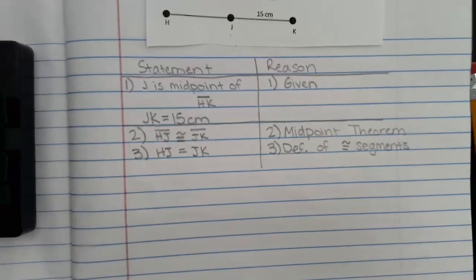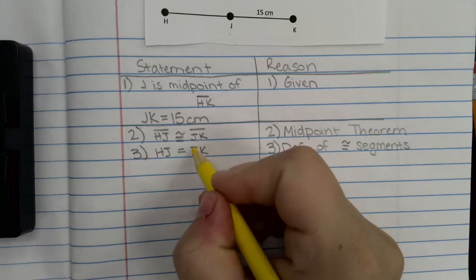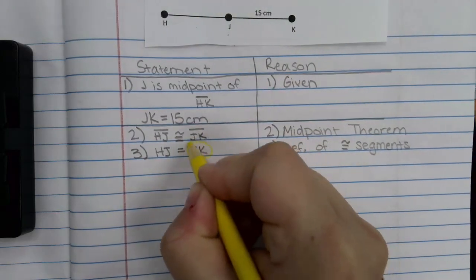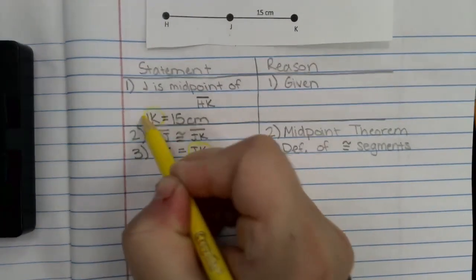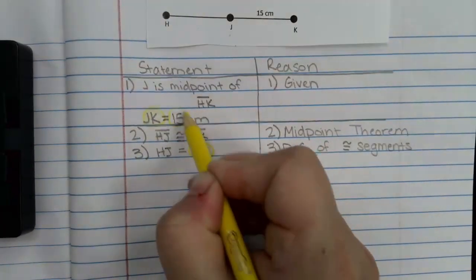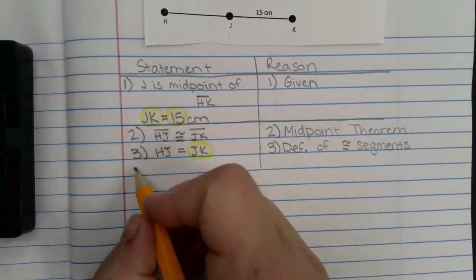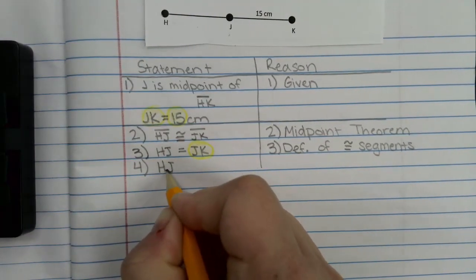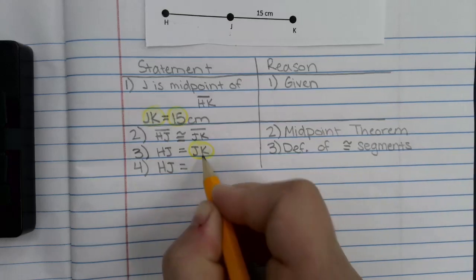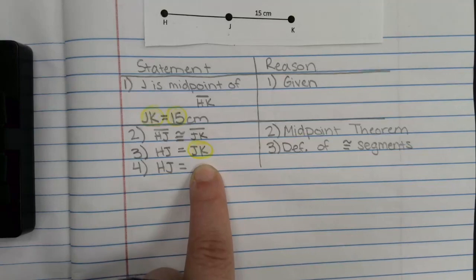All right, now I'm thinking that I have HJ is equal to JK, and we already know what JK is. How much is JK? 15. So when I write this again, not necessarily reverse it, I'm going to keep this HJ, but now I'm going to replace JK with the amount that it's equal to.